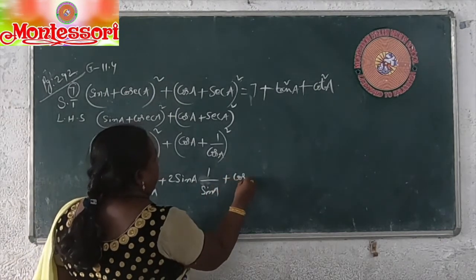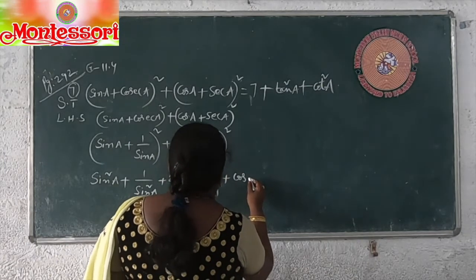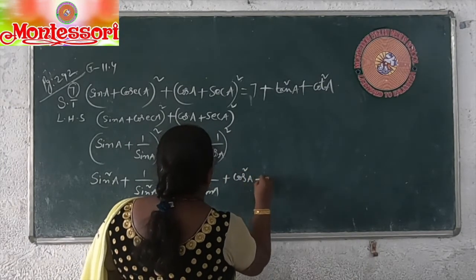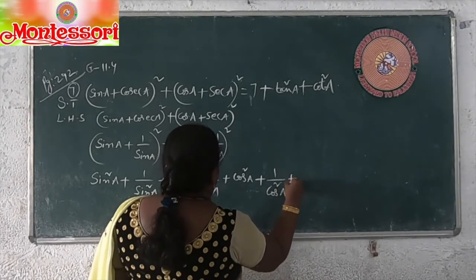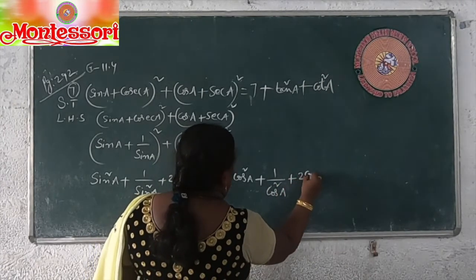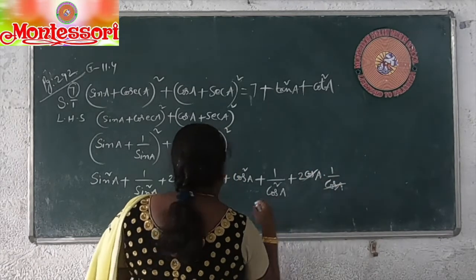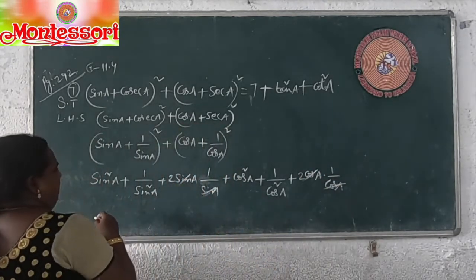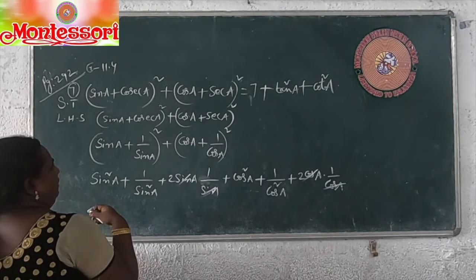Same way here also: cos square A plus 1 by cos square A plus 2 cos A into 1 by cos A. Here these two will get cancelled. Otherwise, as it is also we can keep.